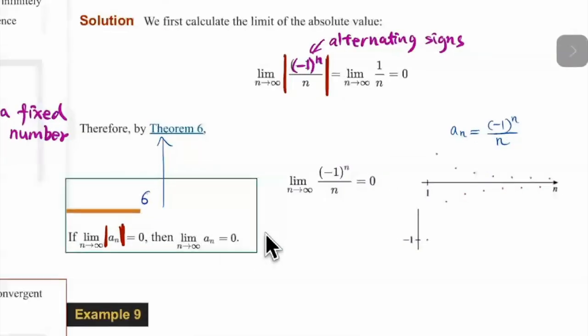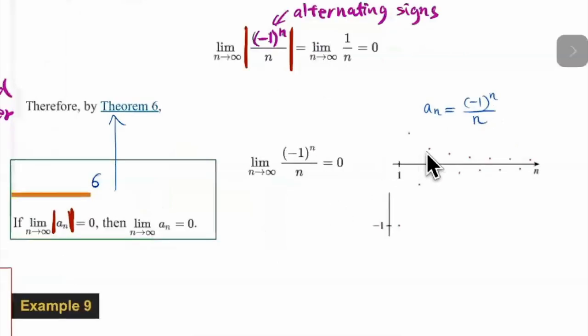Try to visualize it in the picture. If you put the absolute value over here, then it is 1 over n. In the picture, you can think of it as the distance from the point to this axis. It's 1 over n, and as n goes to infinity, it approaches 0. It gets closer and closer to the axis.